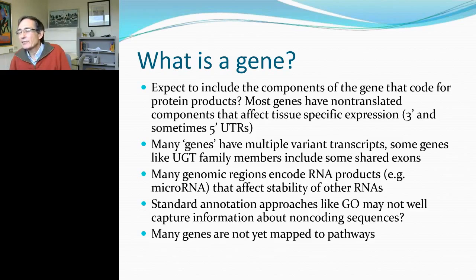And many genomic regions include RNA products, and so our definitions are getting broader as we move forward in time. Standard annotation approaches like Gene Ontology may not well capture information about some of these non-coding sequences yet, and many genes are not yet mapped to pathways, so that's a limitation of a pathway-based approach.